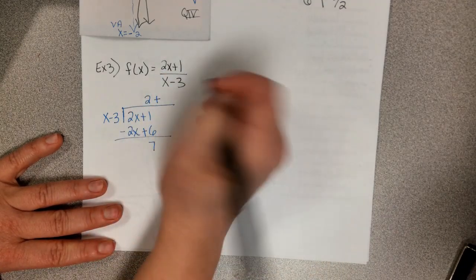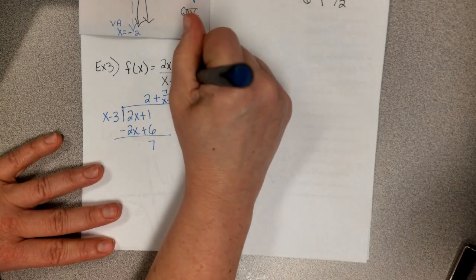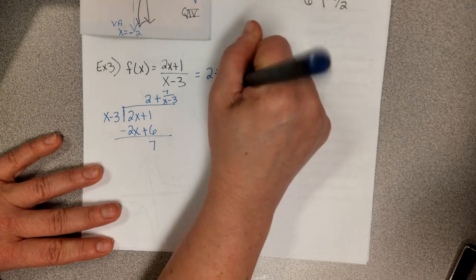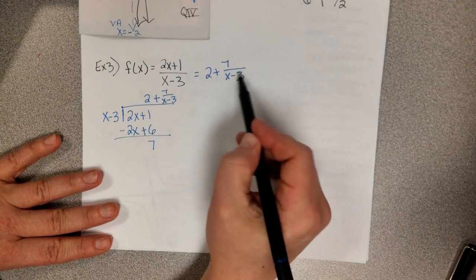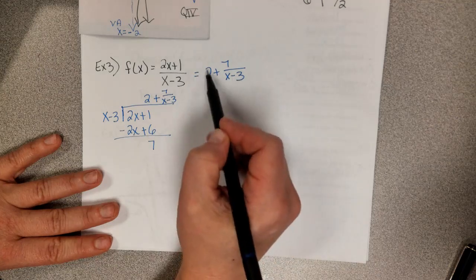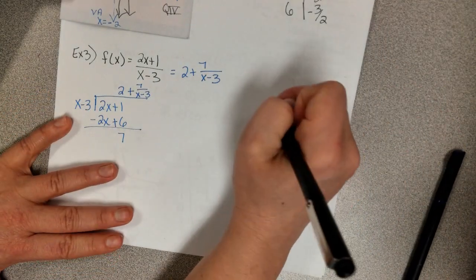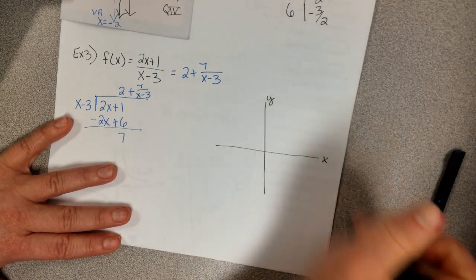So remember, the way we write our remainder is 7 over the divisor x minus 3. Now this actually makes this significantly easier to graph. I can see that I have a vertical stretch. I can see I should move to the right 3, and I should go up 2. So that being said, I can see the movements in my asymptotes. So when I'm sketching this, it's so much easier to sketch out.